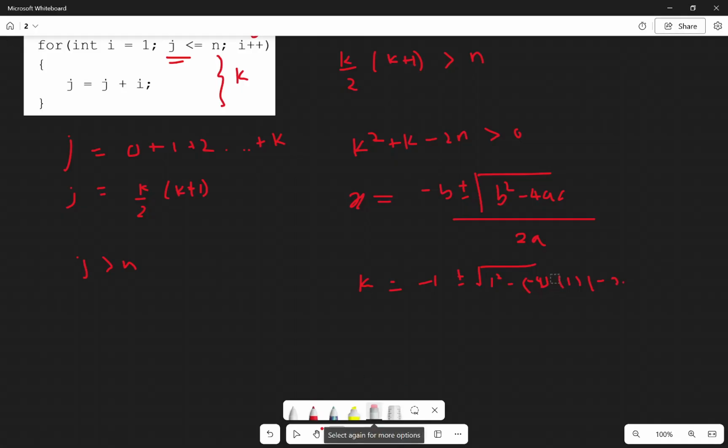Let me just rewrite this. It's actually minus 2n, divided by, this is minus 1. It's not clear.